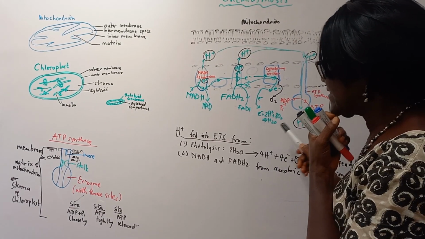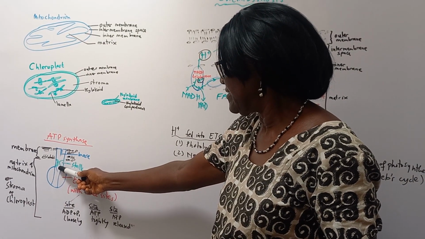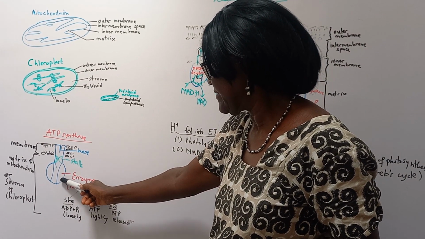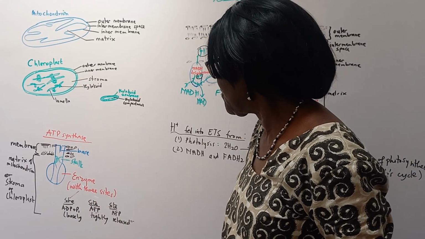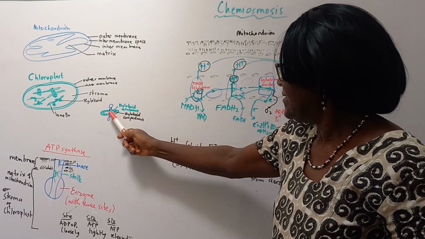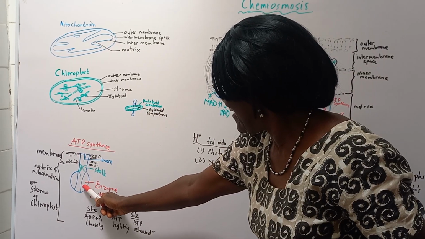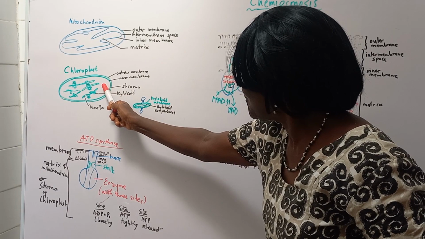Now you notice that the ATP synthase has its stalk and enzyme part in the matrix of the mitochondrion, and if it's in the chloroplast, then the stalk and the enzyme part are in the stroma.